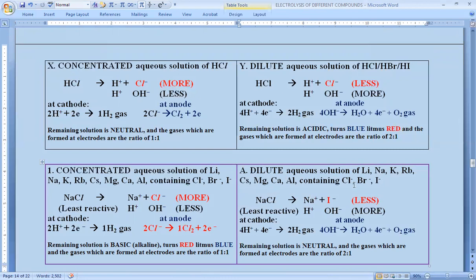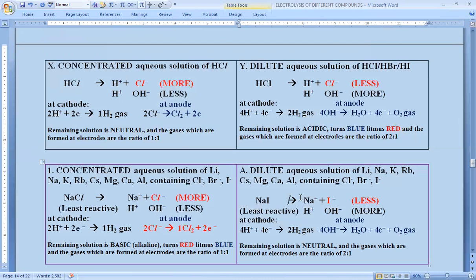In this case, if we have sodium iodide as a compound dissolved in water, what happens when sodium iodide is dissolved in water? It dissociates into sodium ions and iodide ions, along with hydrogen ions and hydroxide ions from the water. We know that hydrogen is less reactive than sodium, potassium, calcium, and magnesium.